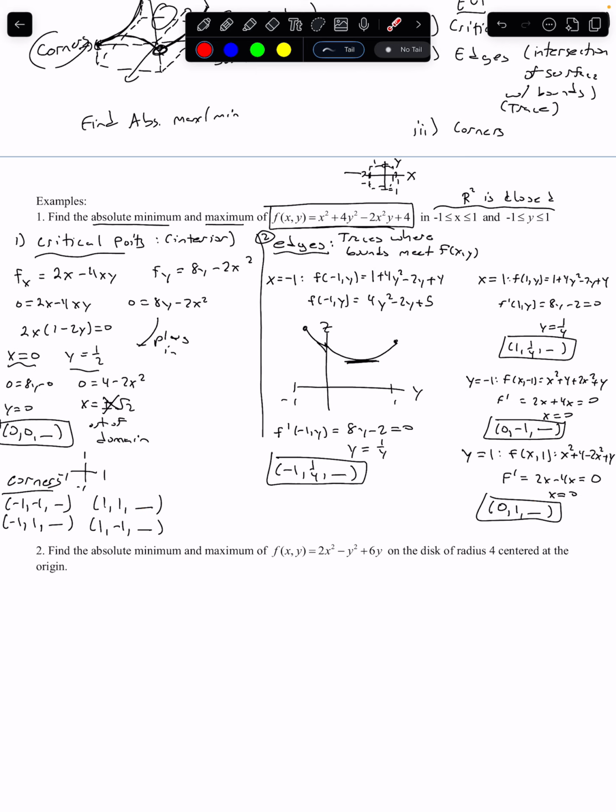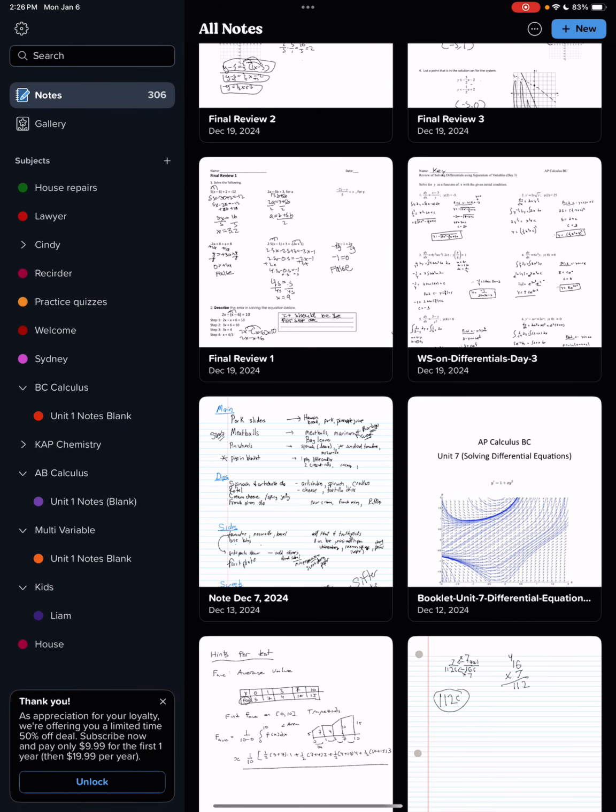So I'm going to do this on a separate sheet. So now we're going to do our candidates test. This is just like last year. You're going to make a table, but this time it's going to be our point (x, y), and over here our function f of (x, y).